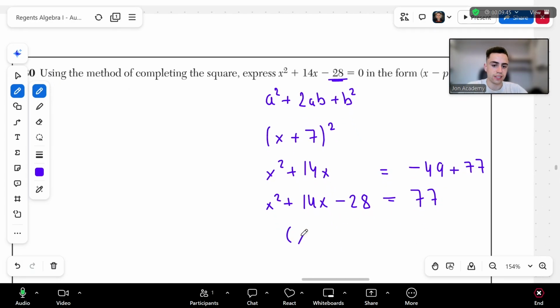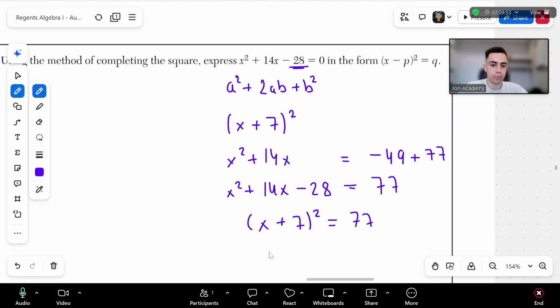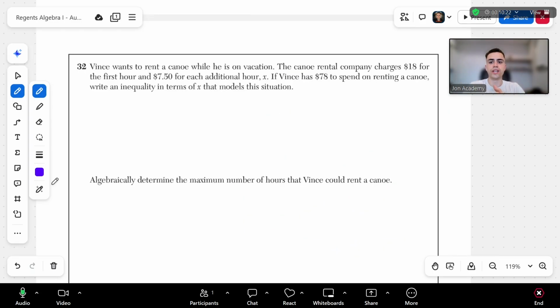So the final answer would be x plus 7 squared equals 77. The p is minus 7, and the q is 77. Let's go with the next one here.